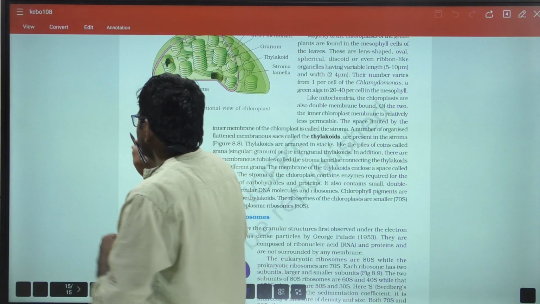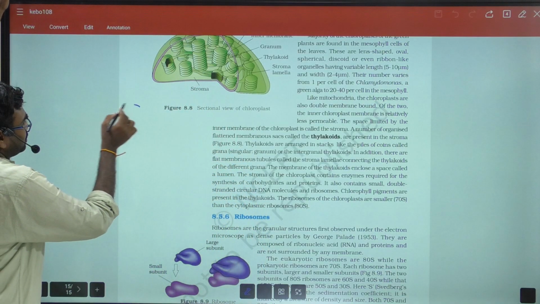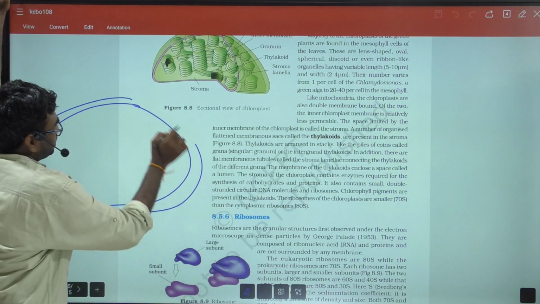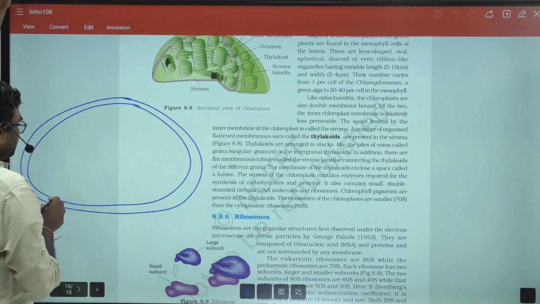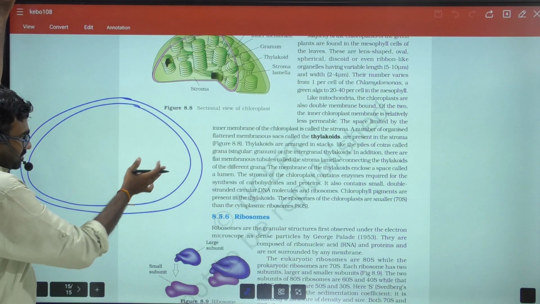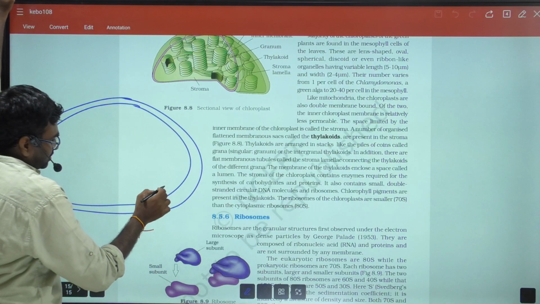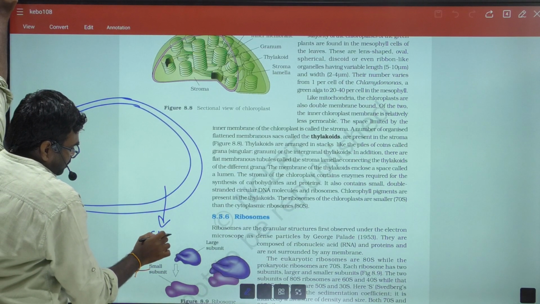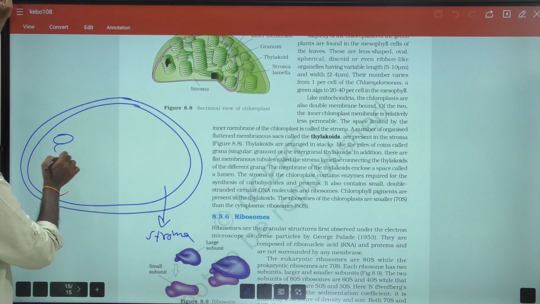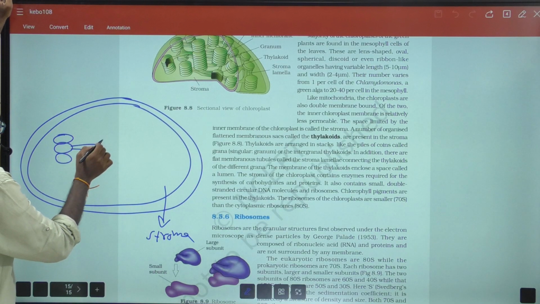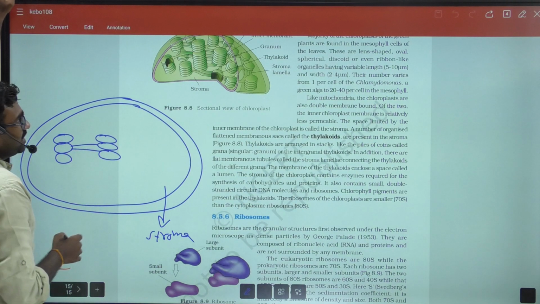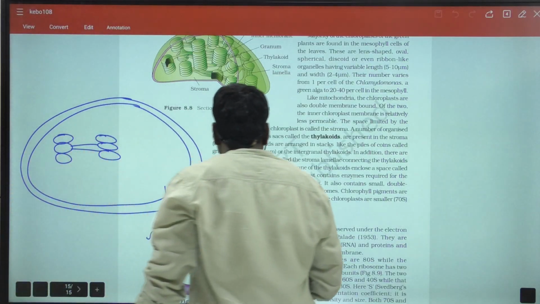The fluid substance is known as the stroma, and these are the grana of thylakoids. These grana of thylakoids are connected by stroma lamellae.